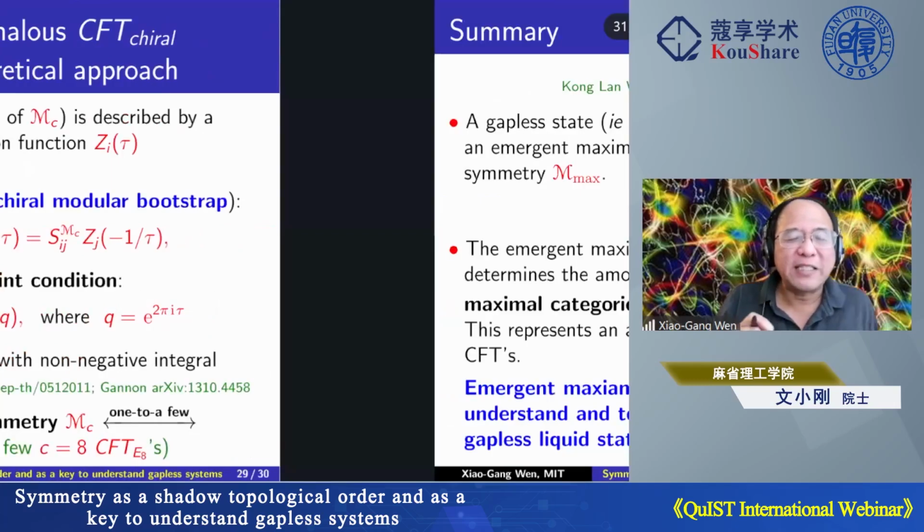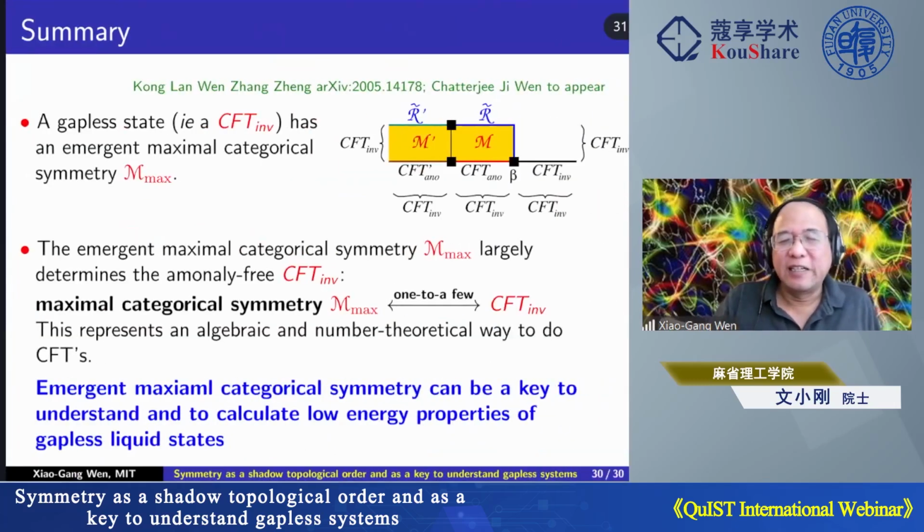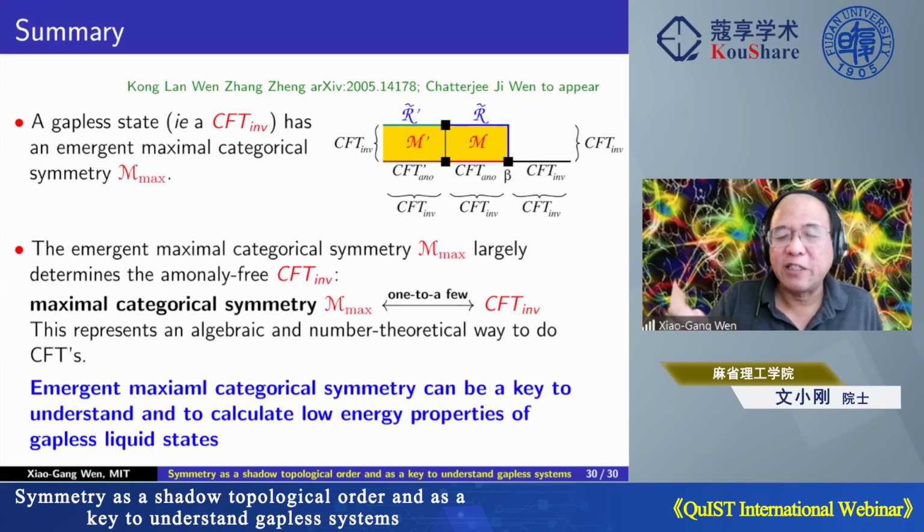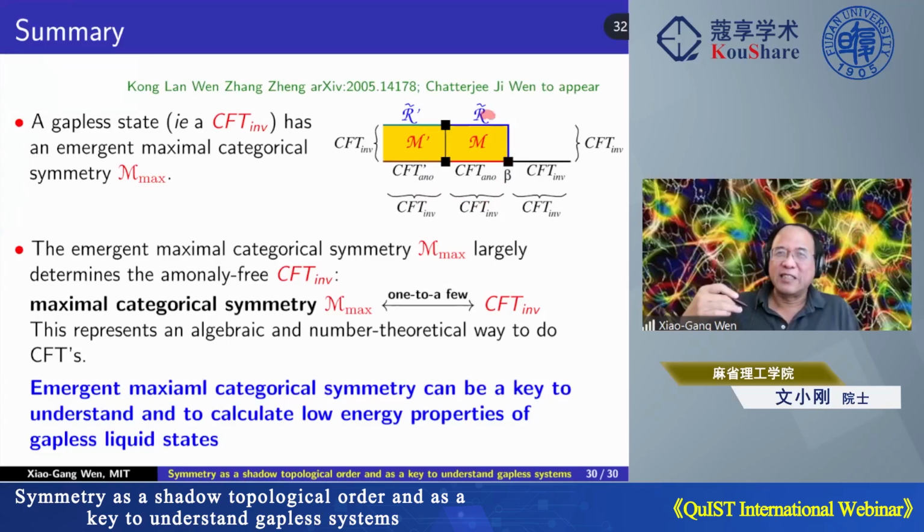And to summarize, basically I have this picture that any gapless theory, or CFT, or quantum field theory, when it has this decomposition, is a way to reveal the symmetry, and via this decomposition, we can obtain the maximal categorical symmetry.